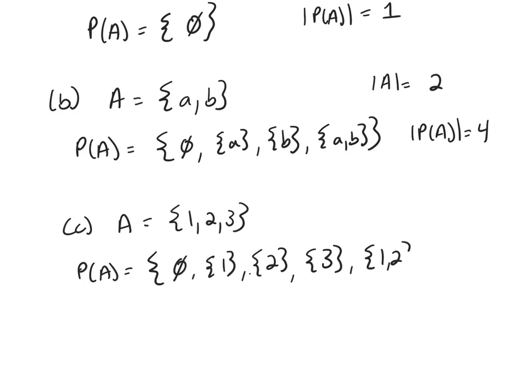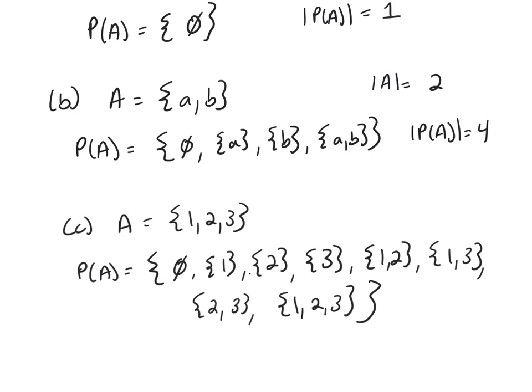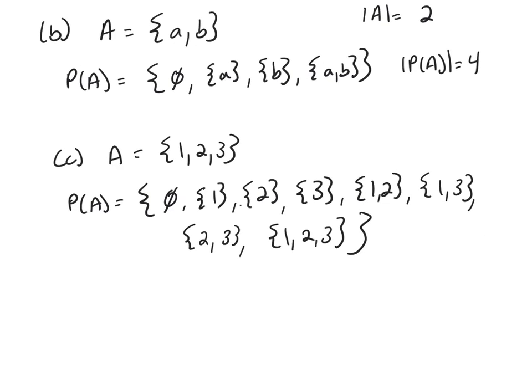You have {1, 2}, {1, 3}, {2, 3}, and then the set A itself is also a subset, {1, 2, 3}, and that's the power set of A. The number of elements of A is 3, and the number of elements in the power set of A is 8.